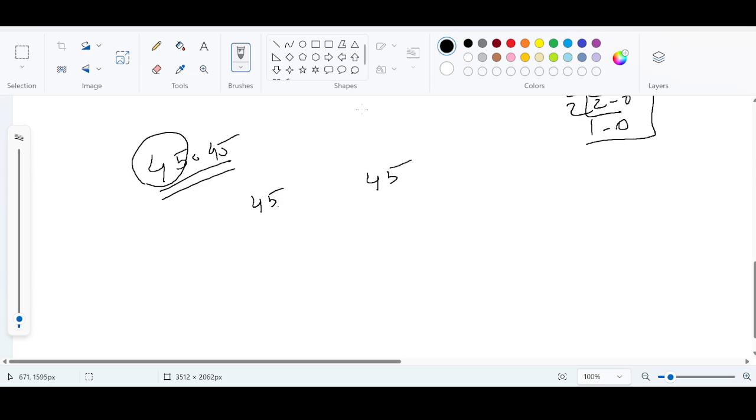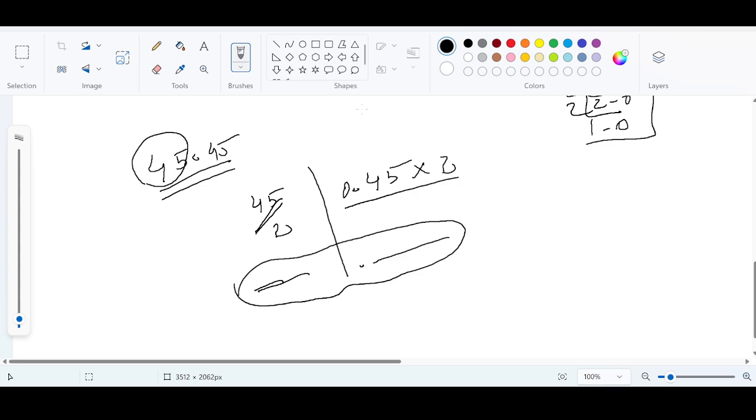Divide the integer part by 2 to find the equivalent binary number, and multiply the fractional part by 2, 0.45 into 2. The fractional part you keep multiplying by 2, and the integer part you keep dividing by 2. So you will get some binary numbers here and some binary numbers here. After this, you will convert that to the equivalent scientific notation.